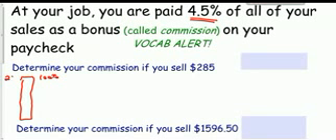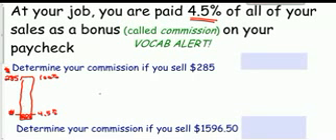And so if I put the dollar amounts over here, this is $285 equates to the entire 100%. I'm getting paid 4.5%, so that would be this bottom portion here. I'm getting paid that percent of my sales in my pocket. And so the question is, how many dollars here is worth the 4.5%?